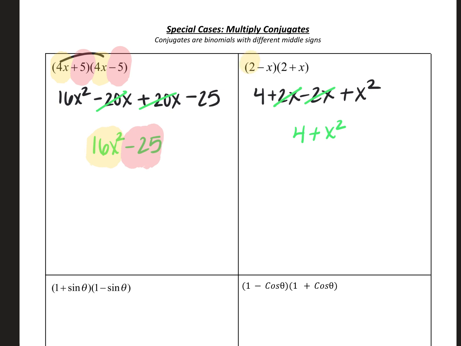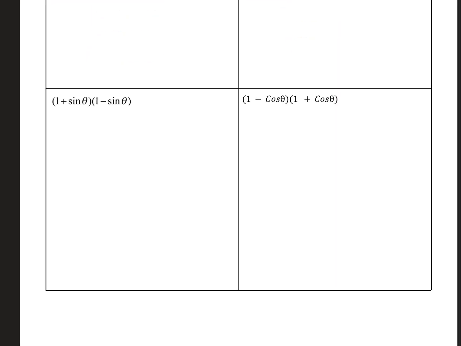So same thing over here, first times first, and then last times last. The 2 times 2 gives me 4, and then the negative x times x gives me negative x squared. Now again, this trick of only doing the first times first and last times last only works when you're multiplying conjugates. So let's take a look at trigonometry now.